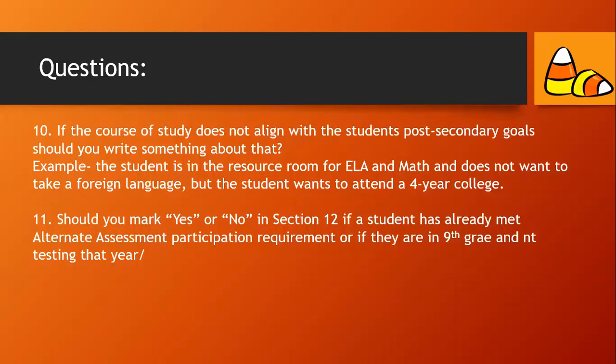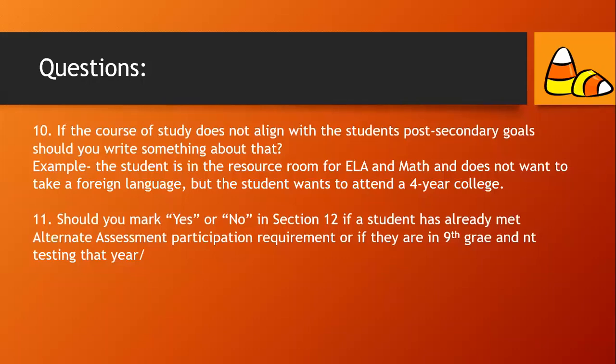Right. So like Helen said, just summarizing, you're absolutely right. You do need to capture that somewhere, because there is a disparity between their post-secondary goals and their current course of study. If their course of study is not going to adequately prepare them for that, then you do need to capture that somewhere. So yes, like Helen said, you would capture it in AATA, saying that their present course of study may not prepare them.